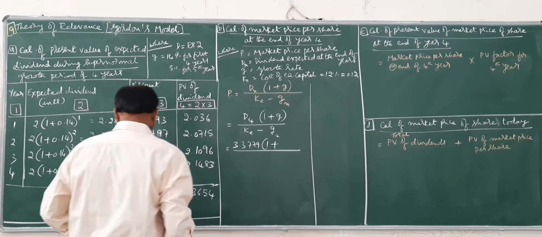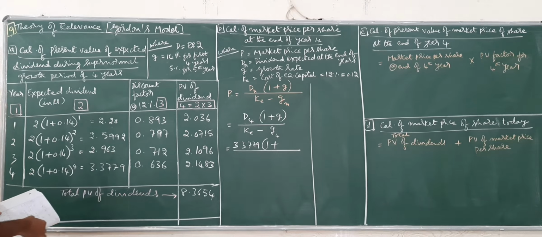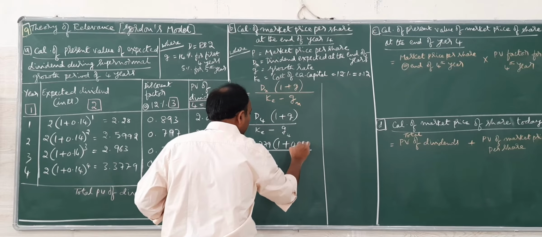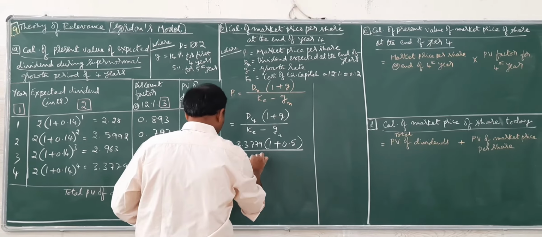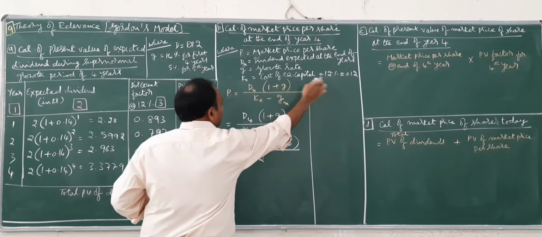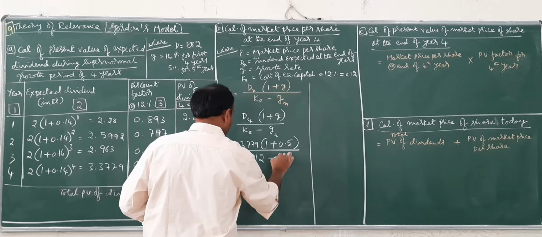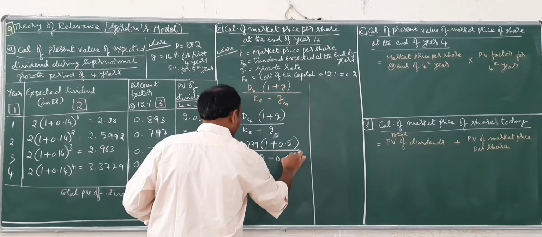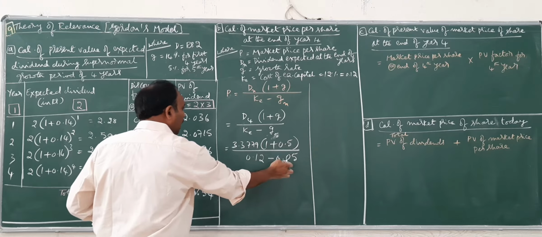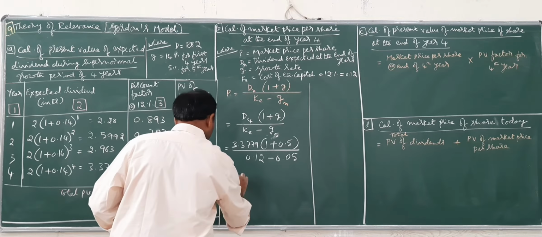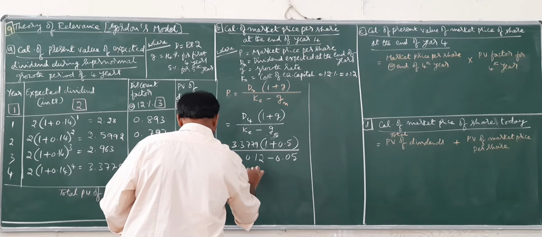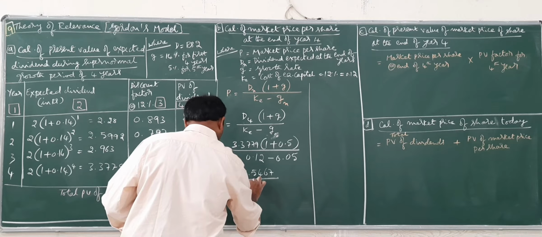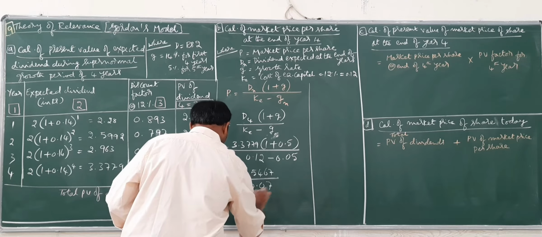1 remains constant. The growth rate after the 4th year is 5%, the 5th year onwards it is expected to grow. Cost of capital 12%. Again, growth rate for the 5th year only I will take. The 5th year is expected to grow at 5%. If I simplify, I am getting 3.5467 divided by 0.07.